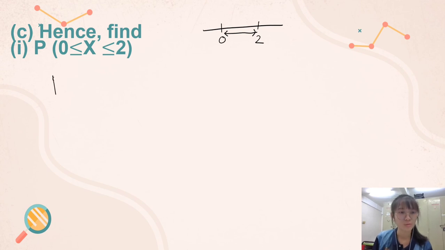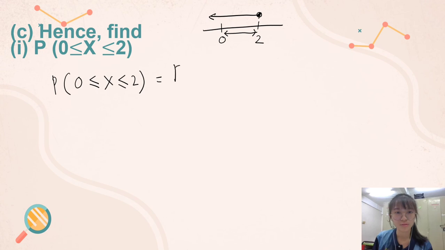So the probability of 0 less than or equal to x less than or equal to 2 is equal to F(2) minus F(0). So we just substitute 2 and 0 into the equation that we found in question B just now.